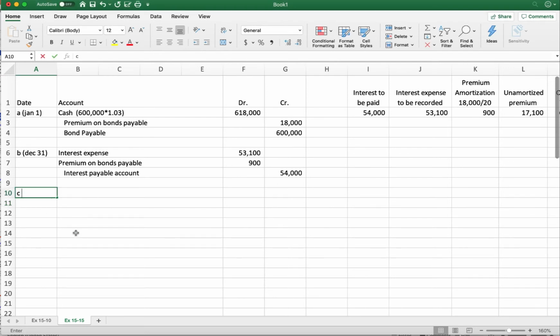Okay? So for C, and that's on January 1, 18. How much interest am I paying? Well, my interest payable account has, and you don't have to think, right? We already thought. I need to know what my interest payable account is. Just go look at your interest payable T account.